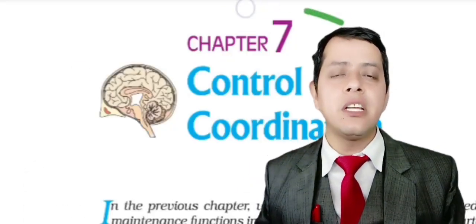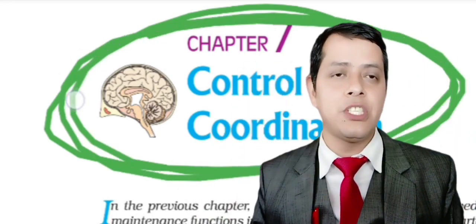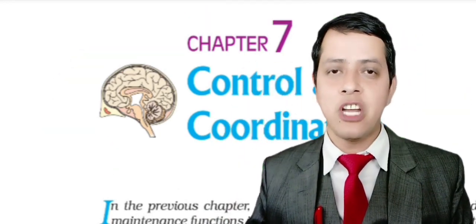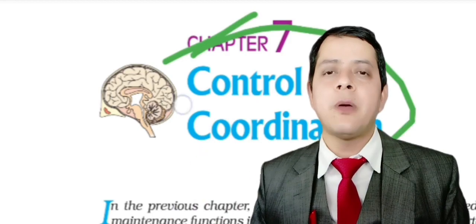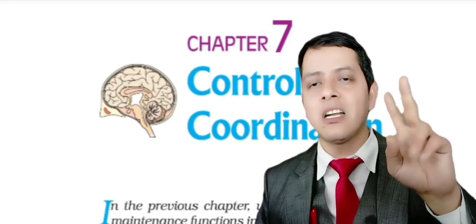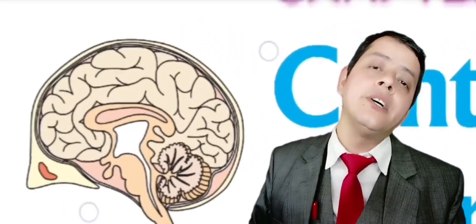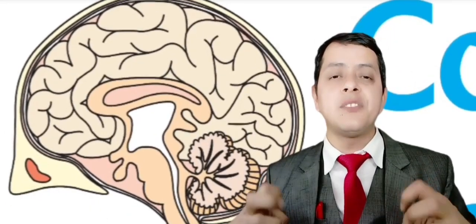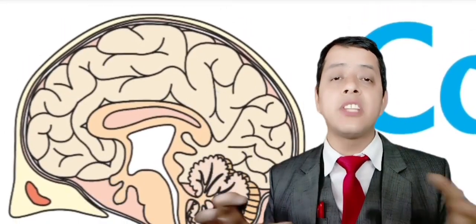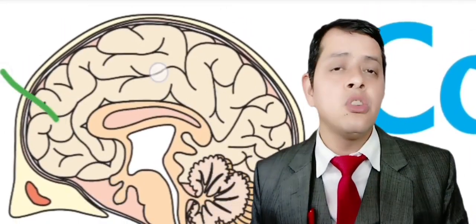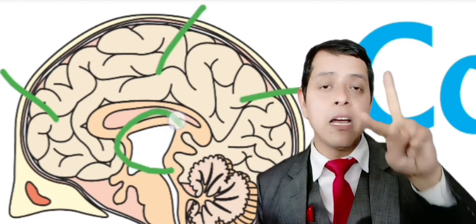Control and coordination includes two things, that is central nervous system and peripheral nervous system. When we say central nervous system, it's brain as well as spinal cord. These two are the central nervous system, whereas the peripheral nervous system means all the nerves that arise from the brain and spinal cord. So there are two systems only: central nervous system and peripheral nervous system.